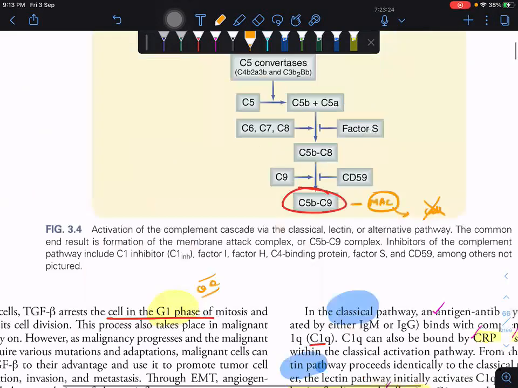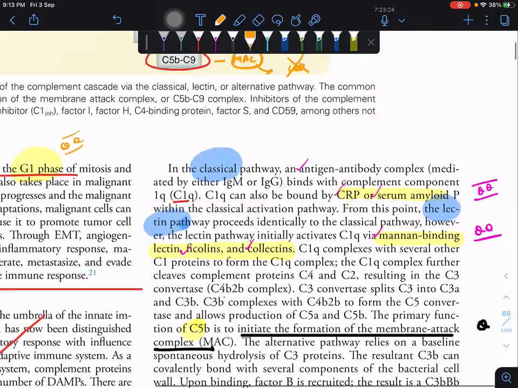Then we will see them individually. In the classical pathway, the antigen-antibody complex activates by binding with the complement component C1q. The C1q can also be bound by CRP and serum amyloid P. Just remember, CRP, serum amyloid P, and the antigen-antibody complex: these three will bind to the C1q. That is an MCQ.